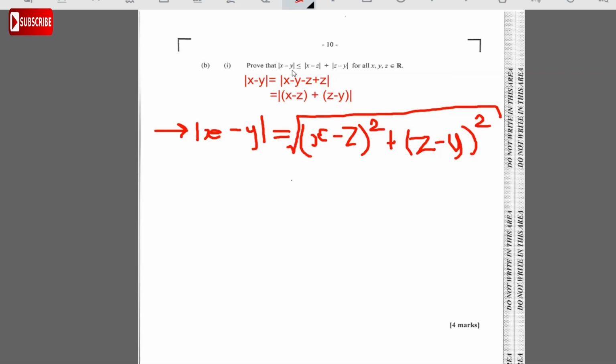Now the modulus of x minus z would just be x squared plus z squared square rooted. And this part, let's just work it out.